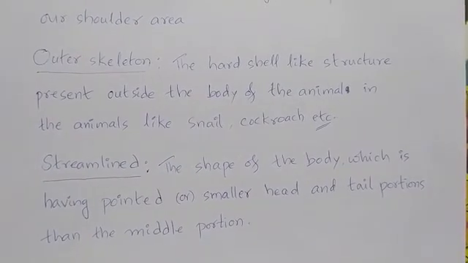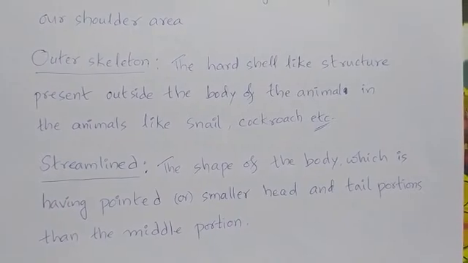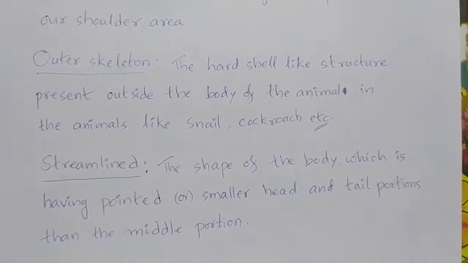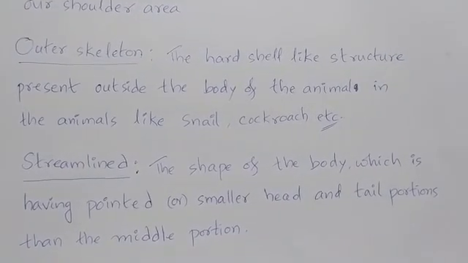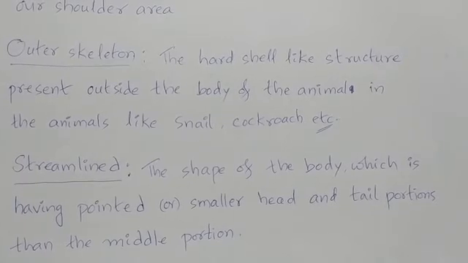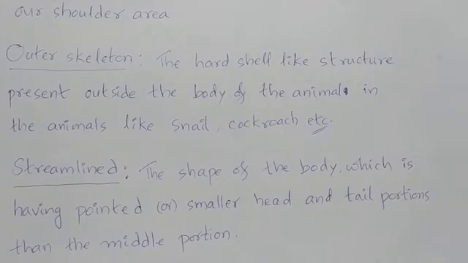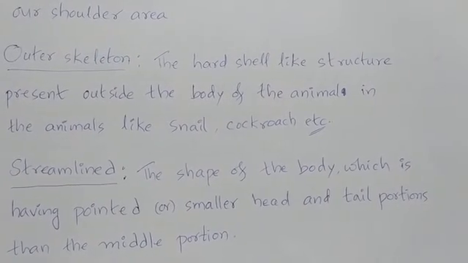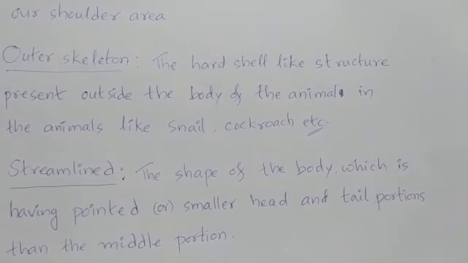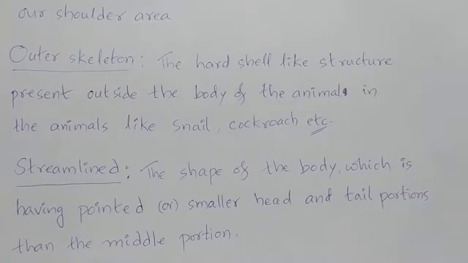Streamlined. We have learnt about this while learning the movement of fish. The shape of the fish body is streamlined shape. What is streamlined? The shape of the body which has pointed or tapered, smaller head and tail portions than the middle portion.